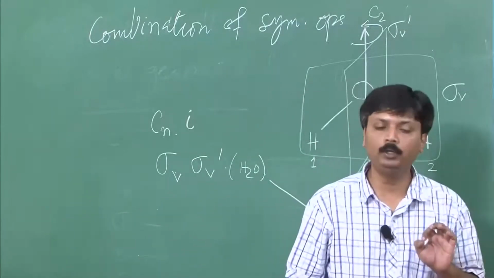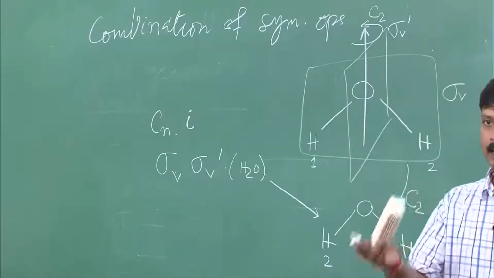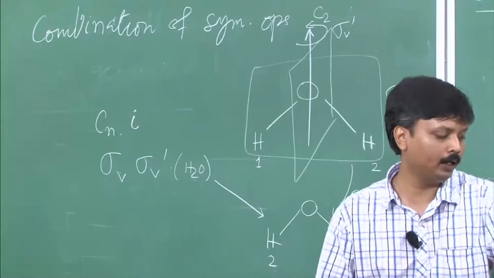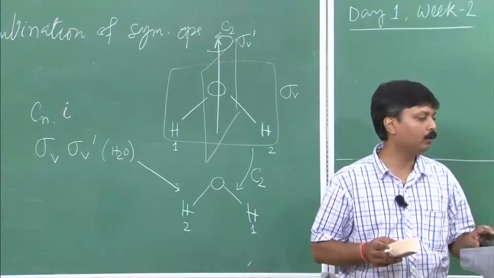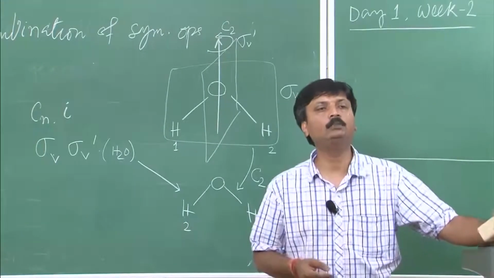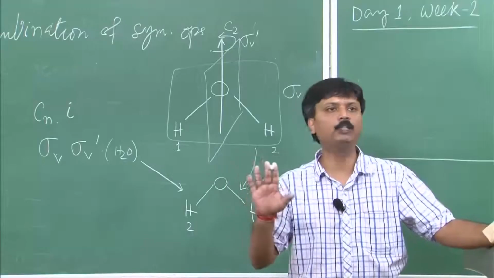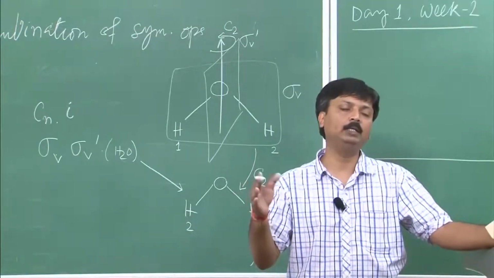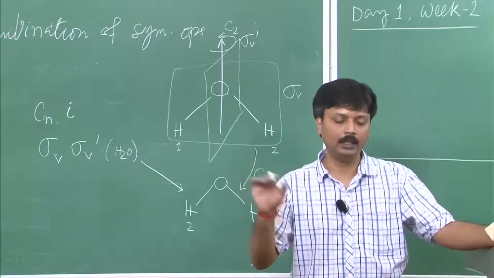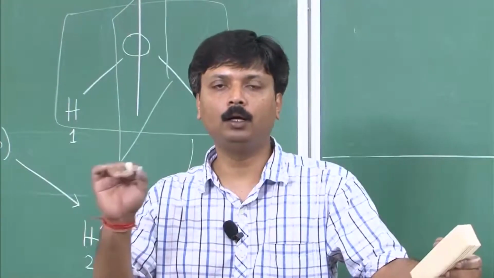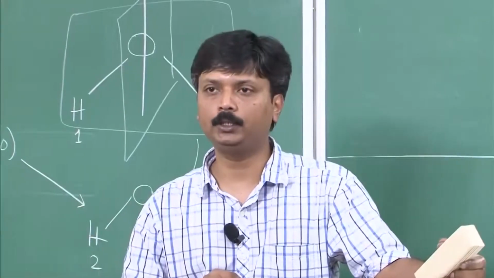What you should do is take any molecule, find out the symmetry elements, and then find out the symmetry operations, generating all of them. So you find the exhaustive list of the symmetry operations that can be generated for a given molecular structure, and then you start combining any two symmetry operations.